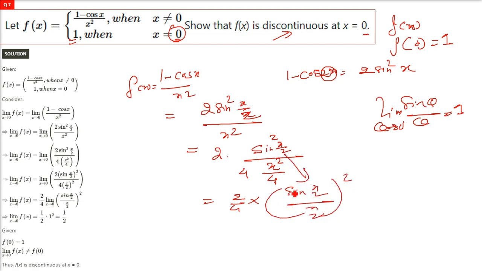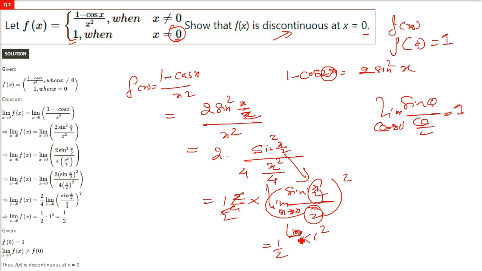Same thing here. Now let us apply the limit x tends to 0. When we apply the limit, sin theta by theta is 1, so you can leave all the right hand side things. We are only left with 2 by 4, which is 1 by 2.